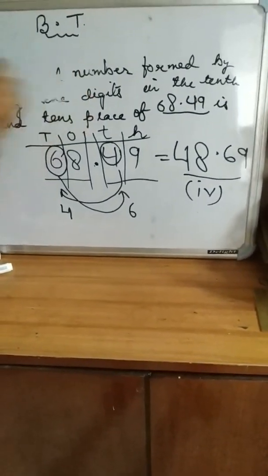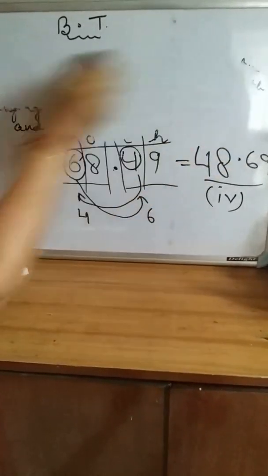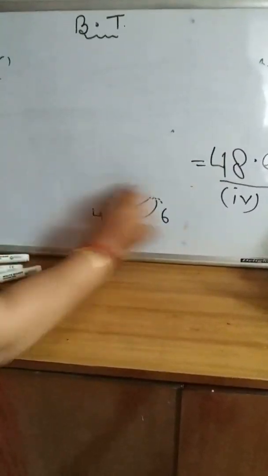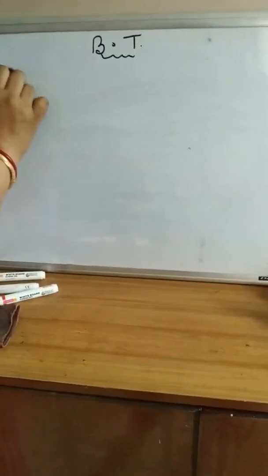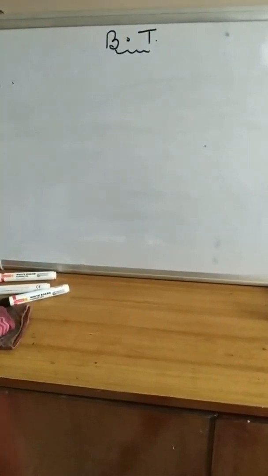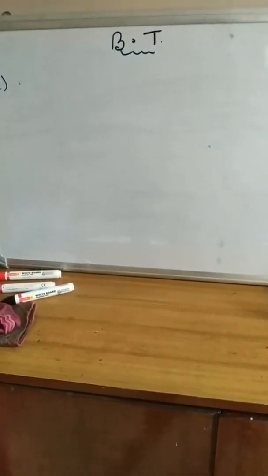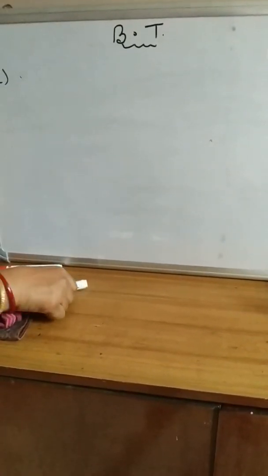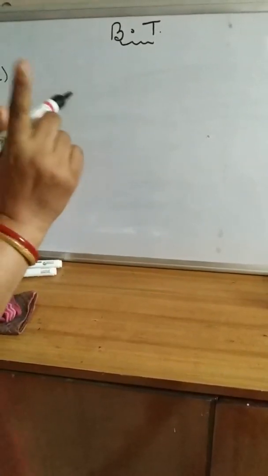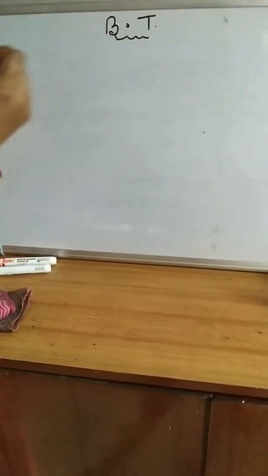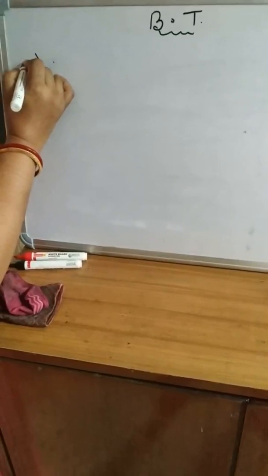Now let us go to the next question. Similarly, in this question number 1, you have to find the correct answer. 4 options are there. Among the 4 options, 1 option is the correct answer. You have to choose the correct answer. Now come to question number 2.